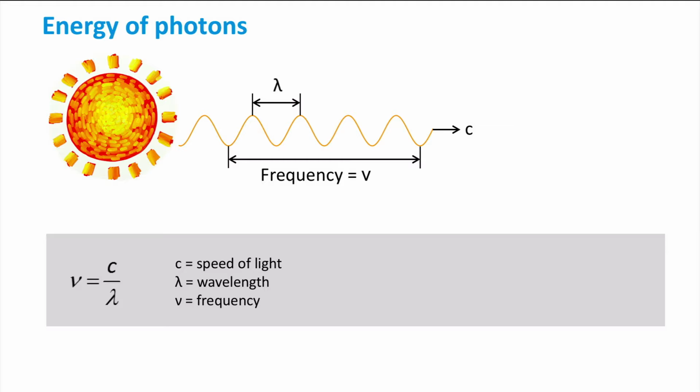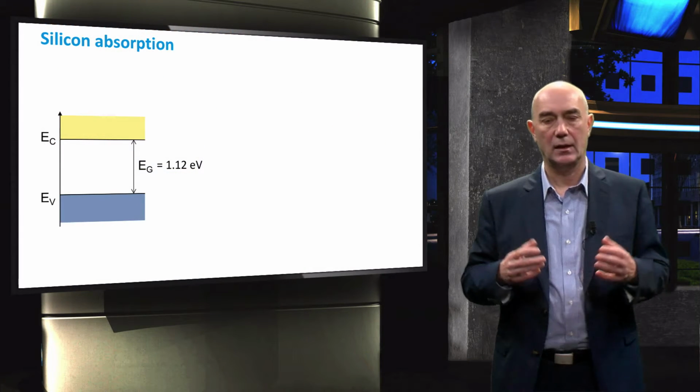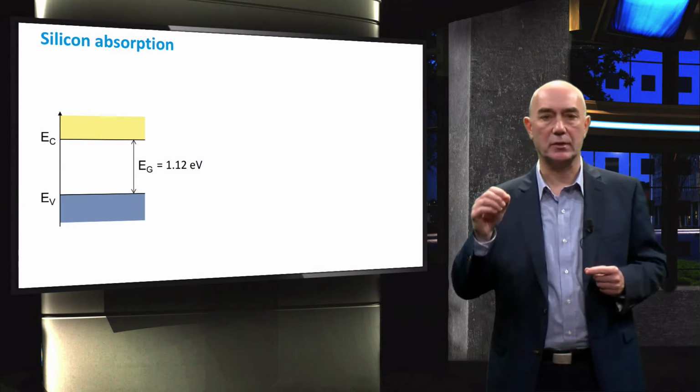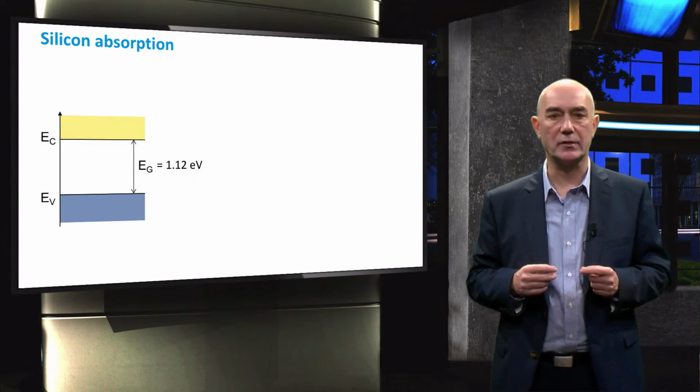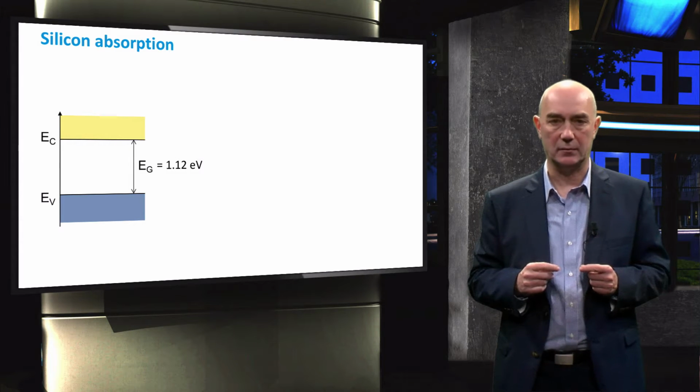However, light can be seen also as a flow of particles, which are called photons. The energy of a photon is directly proportional to the product between the frequency and the Planck's constant h. Let's now apply these concepts to determine the minimum energy that is needed to liberate a valence electron in a silicon wafer.